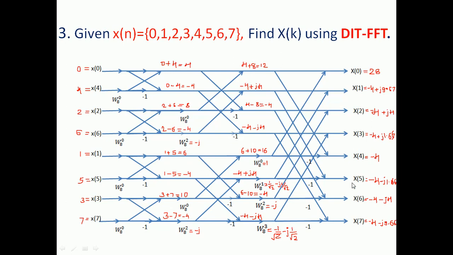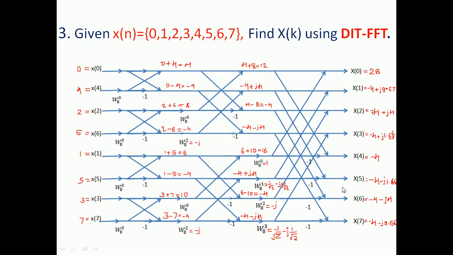Similarly, for x of 5, we have these two multiplication into minus 1, plus minus 4 plus j4. When you compute using the calculator, you will get minus 4 minus j 1.66.